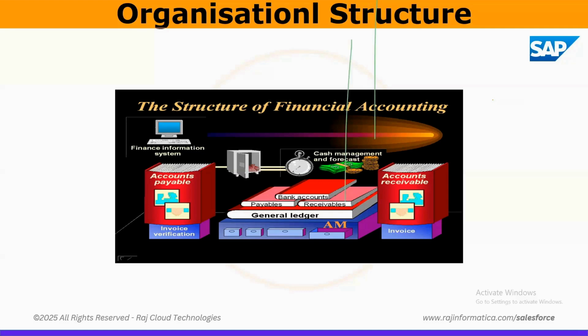We will start with the organizational structure, and then proceed with GLs, general ledger, accounts payable, accounts receivable, then cash and bank management. How this overall structure looks in financial accounting is presented in this diagram. This is the overall financial accounting related setup present in the structure.